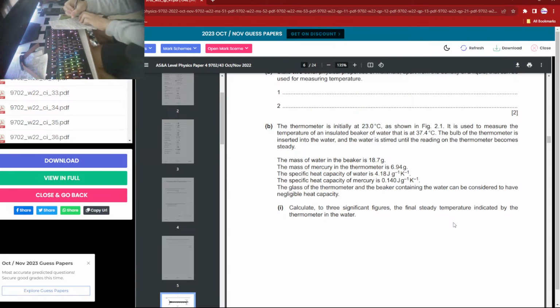And for the next one, you will put 6.94 times heat capacity 4.18, 0.140, mc delta theta would be 23. Since the thermometer gains energy, you have to put the final temperature minus the initial temperature, 23.